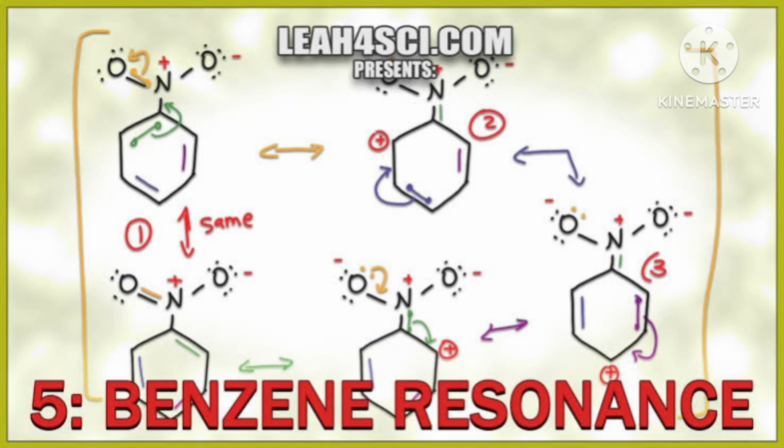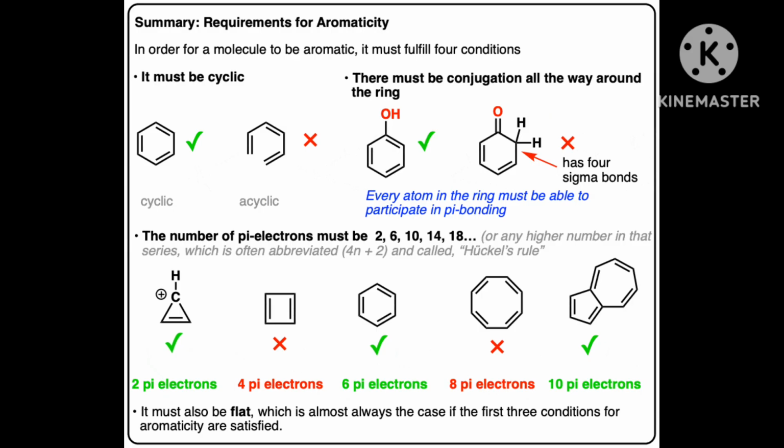It is cyclic, that's why cyclo, and 7 carbons, that's why hepta, and 3 double bonds are there, that's why trienyl. Enyl means double bond. Then it becomes cycloheptatrienyl cation. Then all show aromatic character.